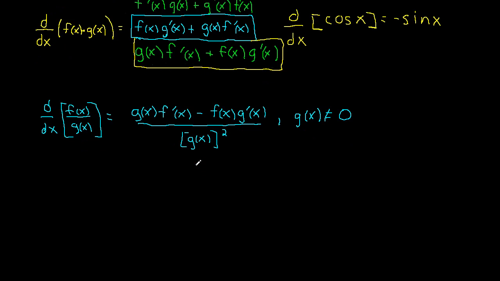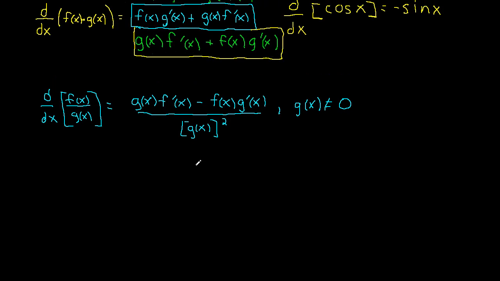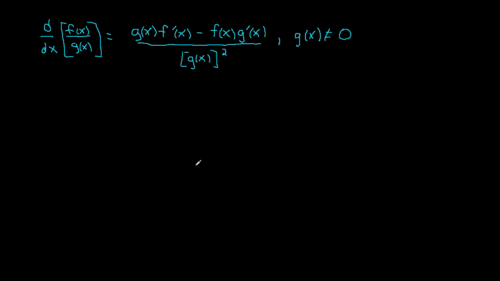So let's do a couple of examples and see if we can apply the quotient rule. Our first function will be 5x minus 1 over x squared plus 3. How would we find this function's derivative?